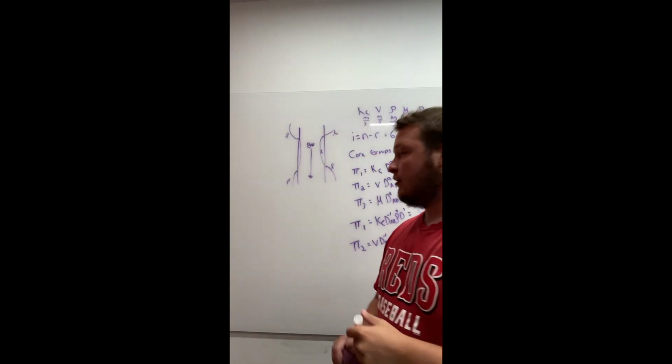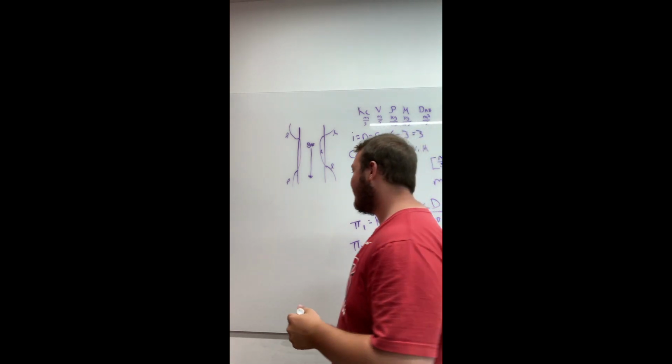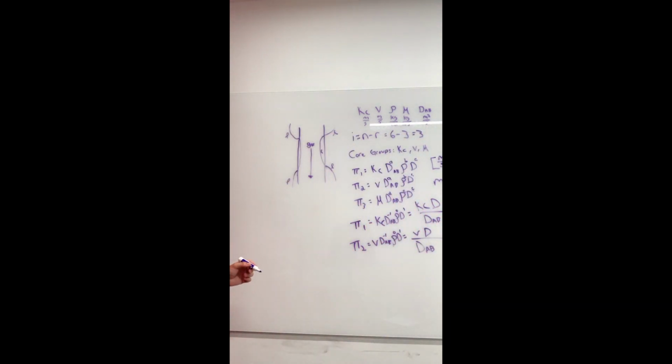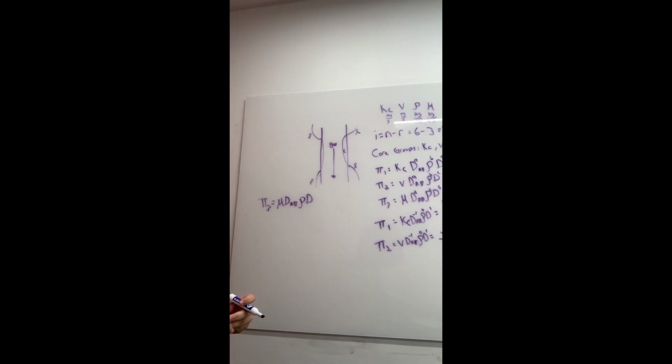Okay. So now we can do the whole thing over for pi 3 in the same way that we did it. So pi 3 is equal to viscosity, or no, sorry, mass diffusion coefficient, D. Make sure you guys can see that.